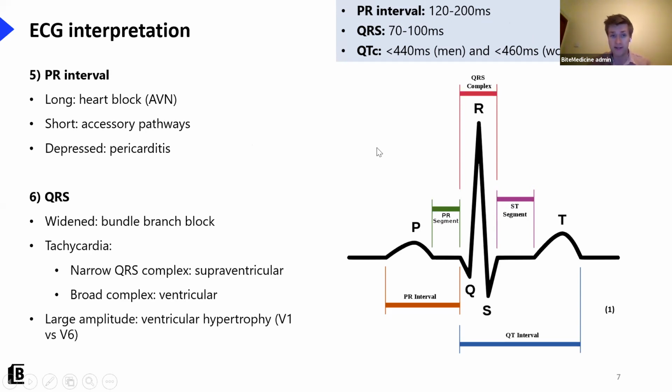And then QRS itself, so if it's widened, that basically implies that, in the case of a bundle branch block, your ventricles are depolarizing for a longer period of time. So it's not a nice, neat biventricular depolarization. One is depolarizing then the other, which would cause the QRS to be broader.